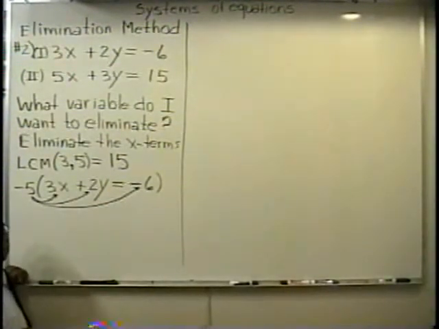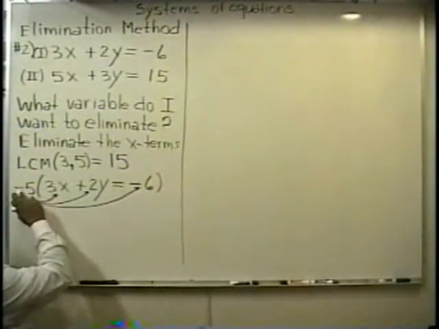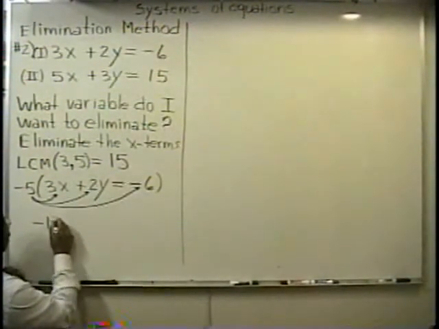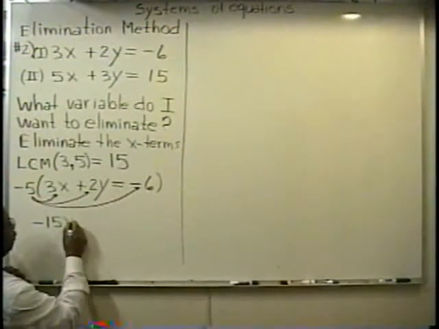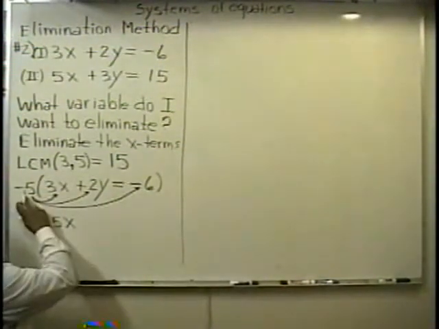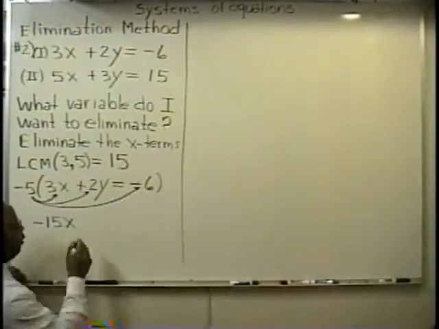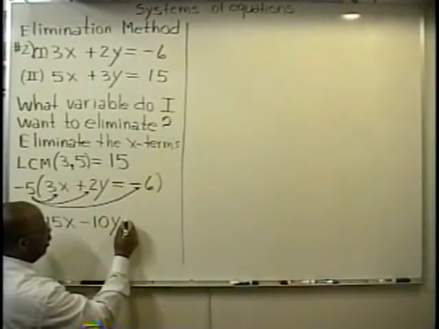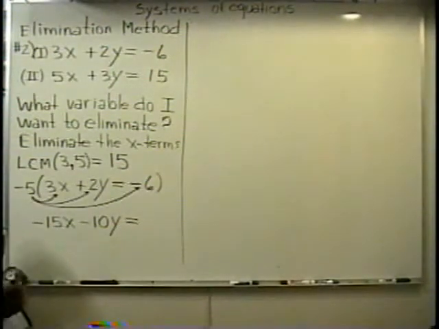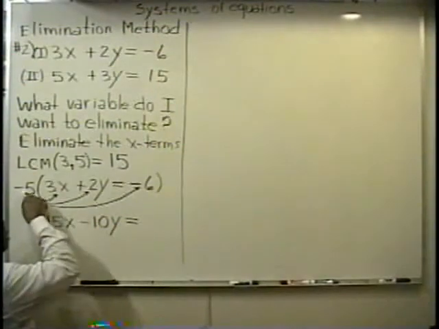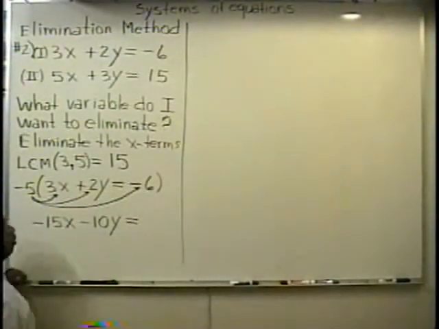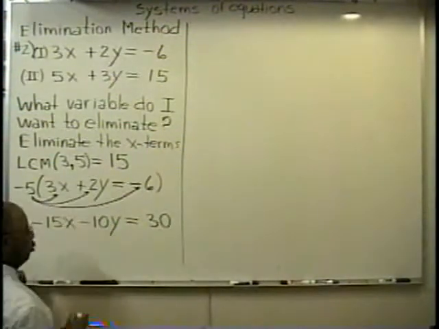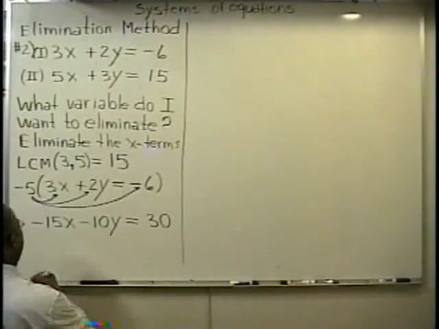Let's do that. -5 times 3x is -15x. -5 times 2y is -10y. And over here, -5 times -6 is +30. So far, we have one of our equations that we changed.